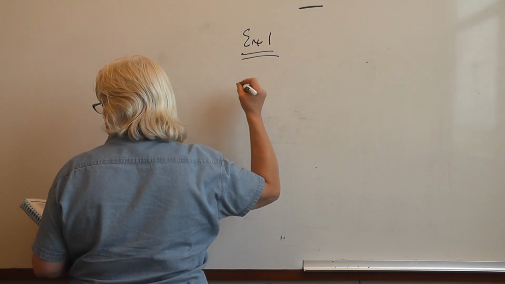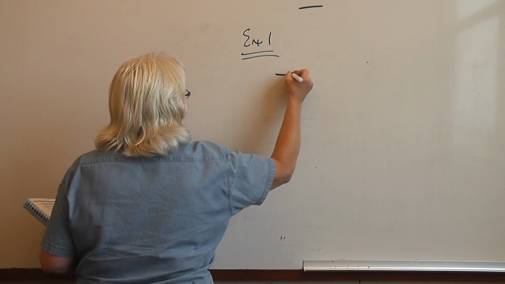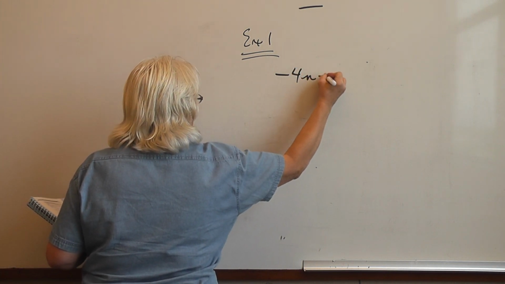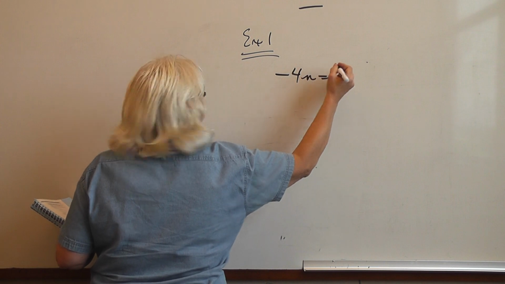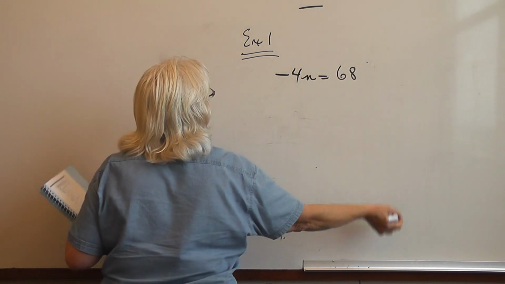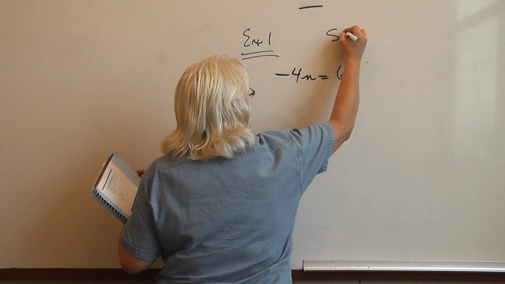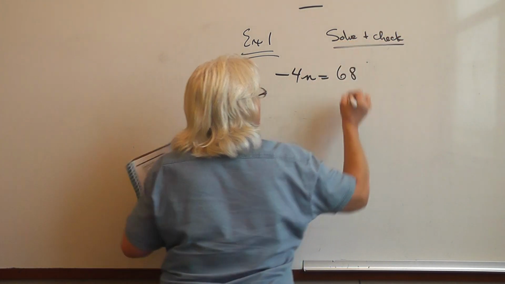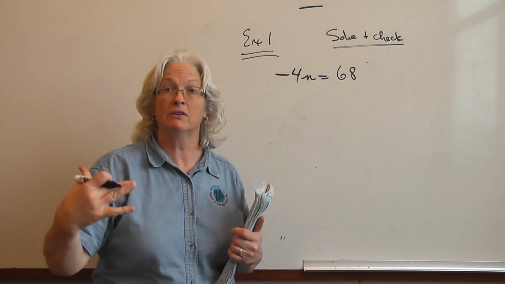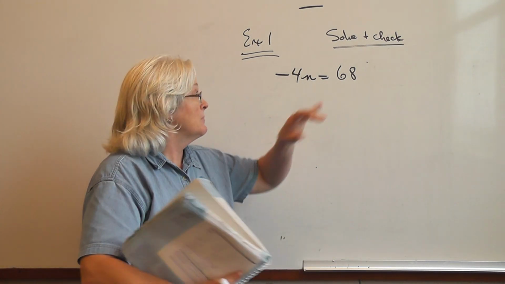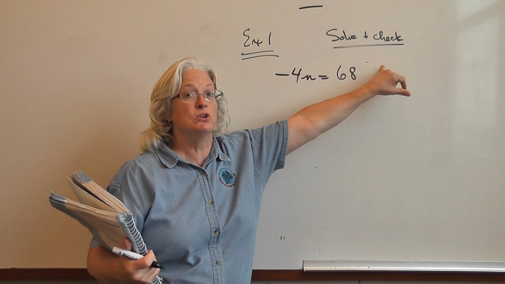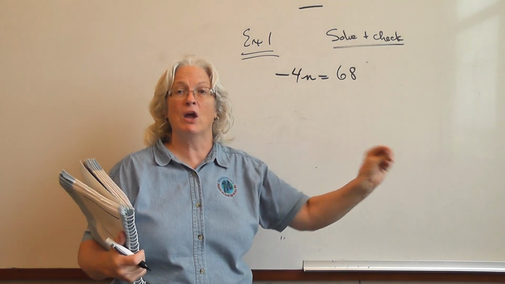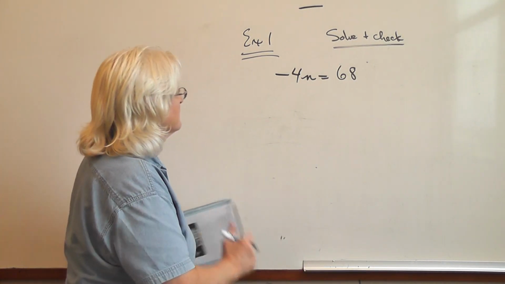Example 1 says solve and check negative 4n is equal to 68. And these are going to be solve and check. Now remember, you should always be checking, mentally checking your work, but anytime it specifically tells you to check, that's half of the problem. You have to show me a written check.